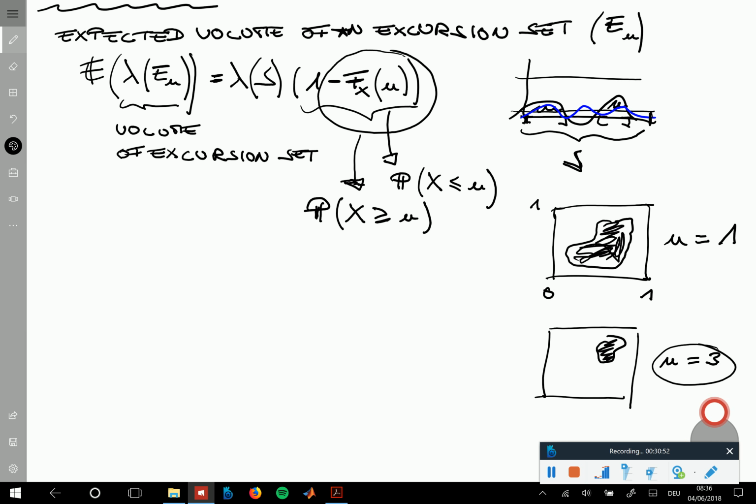So this would be the expected Lebesgue measure, but one can of course also express the whole thing in expected Riesel volume. So maybe let's write it like this. This should now be the expected Riesel volume of the excursion set.